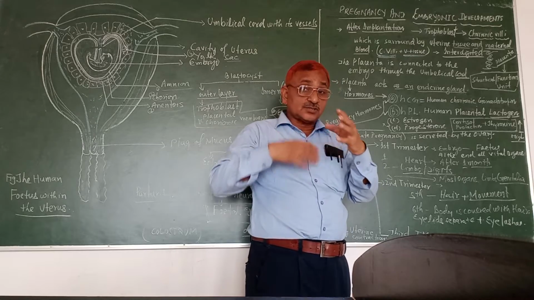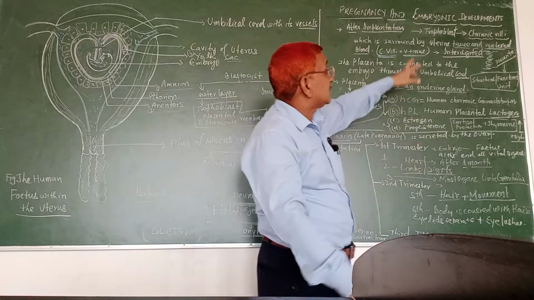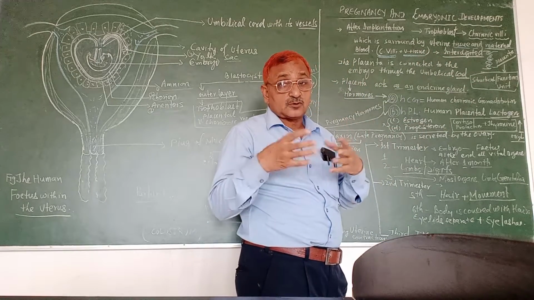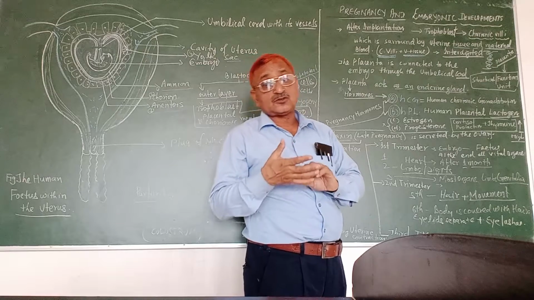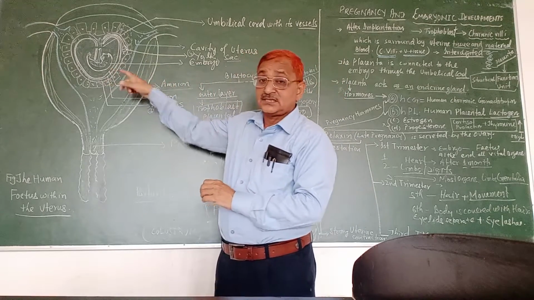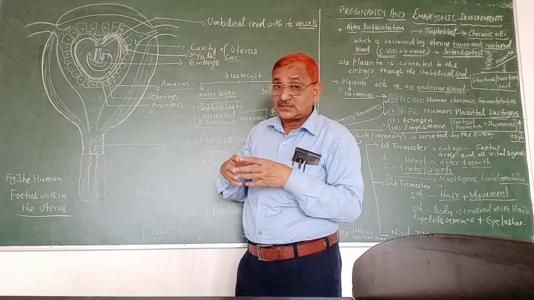Now, try to understand, after implantation, the trophoblast, that is the outer mass of the cell of the blastocyst, forms the chorionic villi. There are amnion, chorion, allantois and yolk sac. These are the 4 membranous structures which surround the embryo. What are these 4?